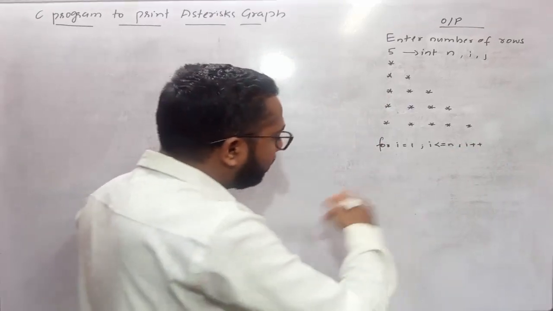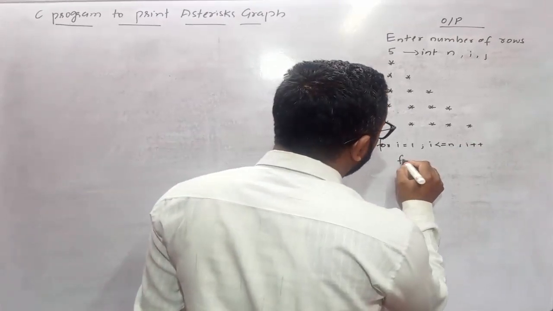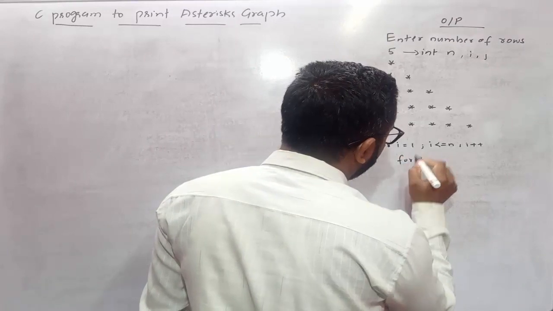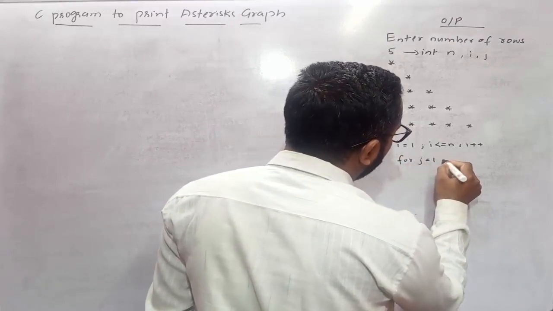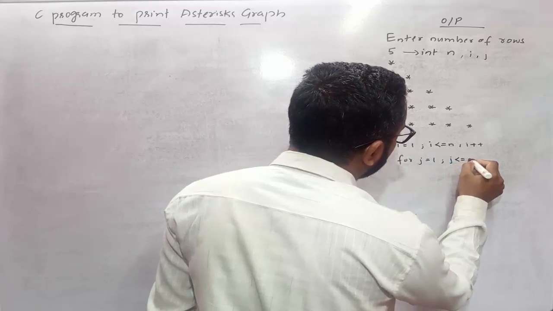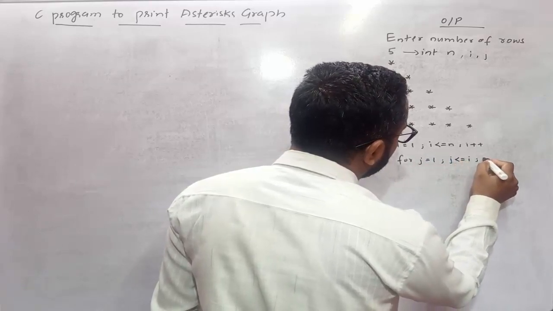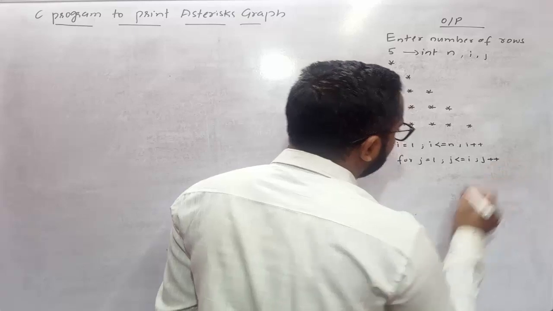Then I will use one more for loop for j. j equals 1 and j is less than or equal to i, j plus plus.